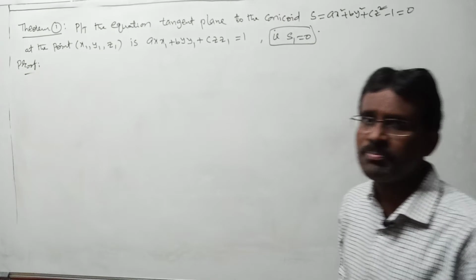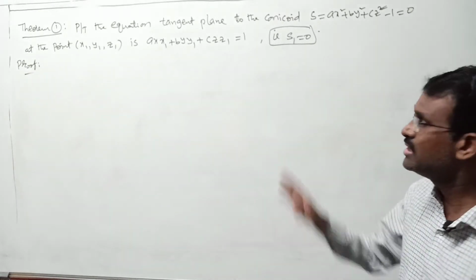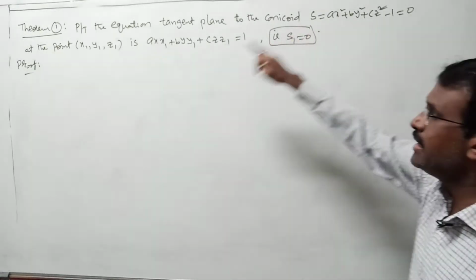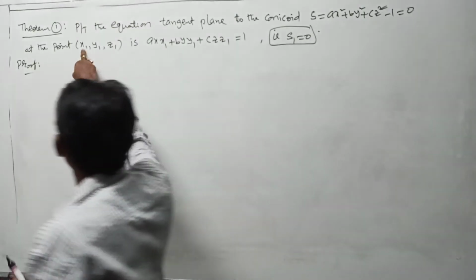The proof is also the same as the previous two stages. First of all, I want to take the given conicoid and the point of contact.